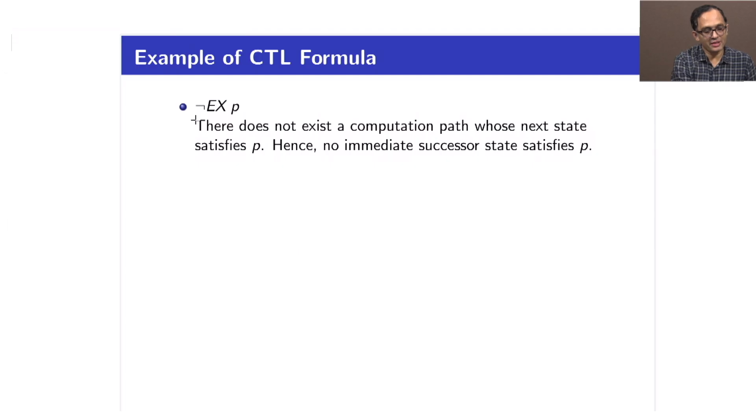So, here I basically take the negation. This can happen with a CTL formula, because if a formula is CTL, the negation is also a CTL formula. What I am saying here: E X P means there exists a path in which in the next state P holds, and here I am saying there does not exist such a computation path. This is very easy to show.